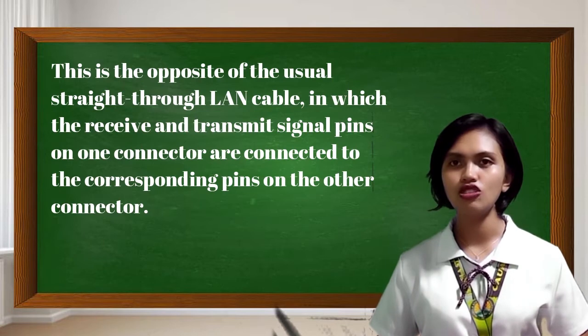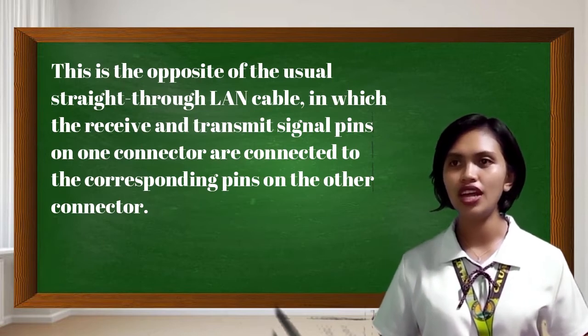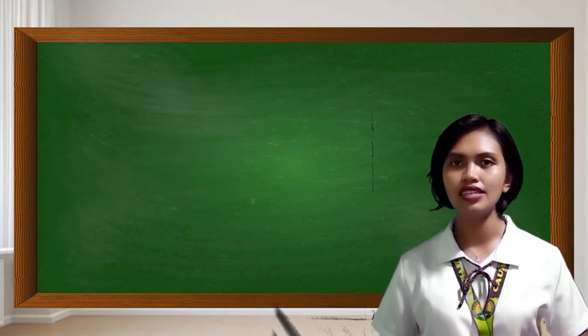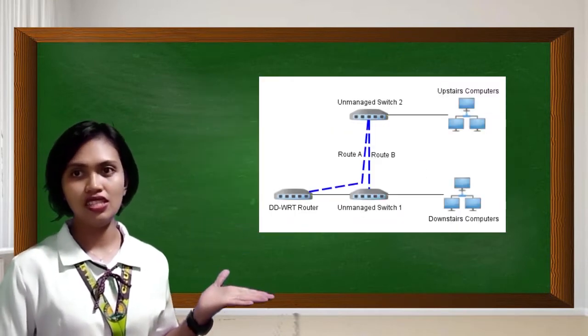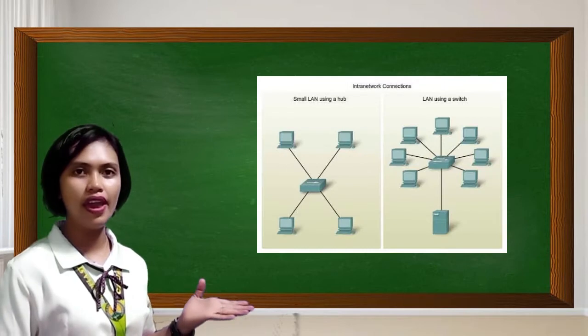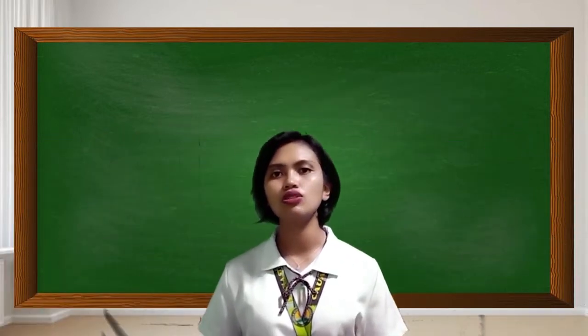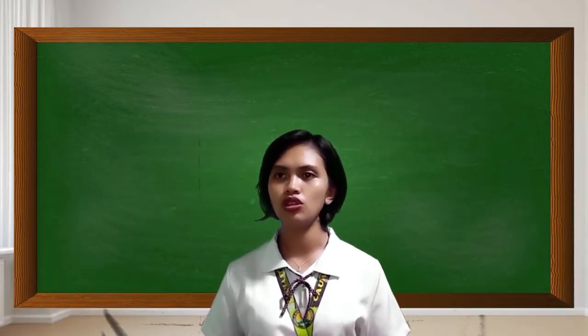Its purpose is to allow the direct connection of two LAN devices, such as two hubs, two switches, or a hub and a switch. It can also be used to create a direct connection between two computers.